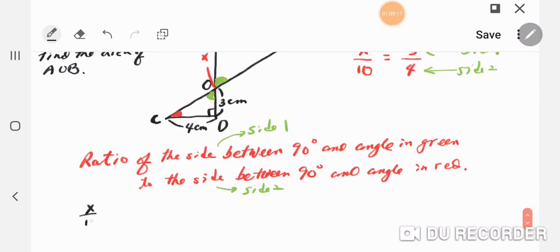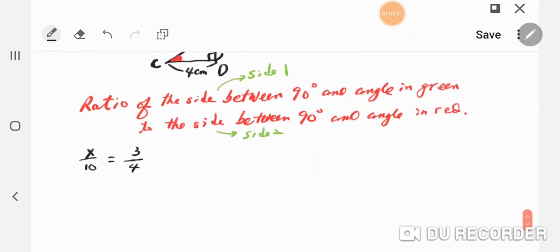Multiply each side by 10, then x is equal to 3 over 4 times 10, which reduces to 3 over 2 times 5, so 15 over 2.